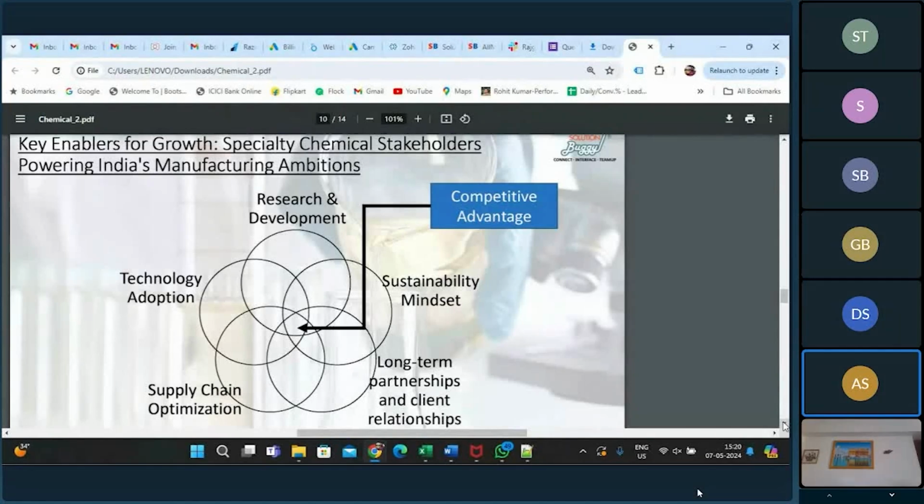And there is always continuous innovation happening. So when I talk about the third parameter, that is long-term partnership and client relationship. For example, I am a manufacturer of specialty chemicals, and I approach a client, and I understand that they have a particular problem, and I'm working on their product or formulation to help them develop a particular product using my ingredients.